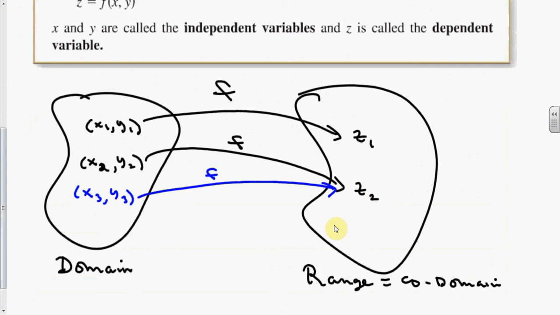I can't split this nature going from the domain to the range. I can't have this guy x sub 3, y sub 3 also mapped to some other range value. It wouldn't be a function because we say here that the z sub i's are supposed to be unique, and if that's the case, then it wouldn't be unique. So this is good.